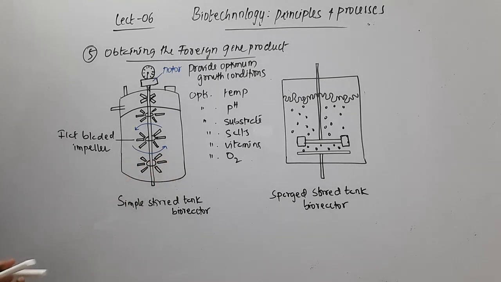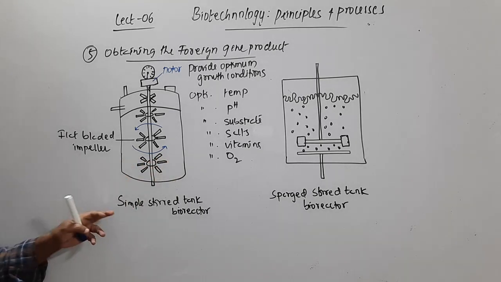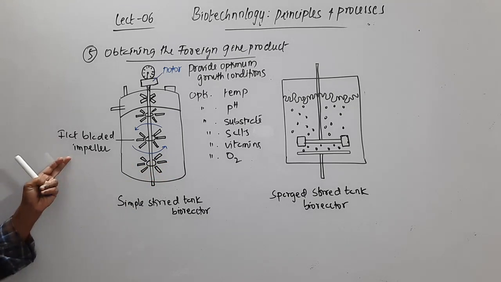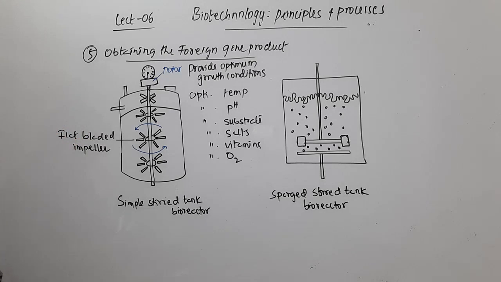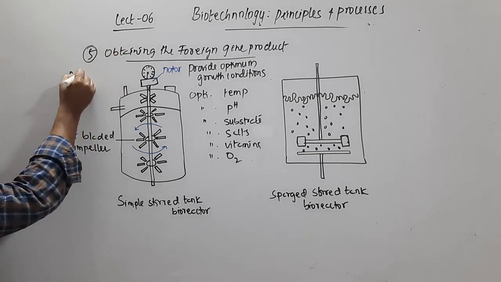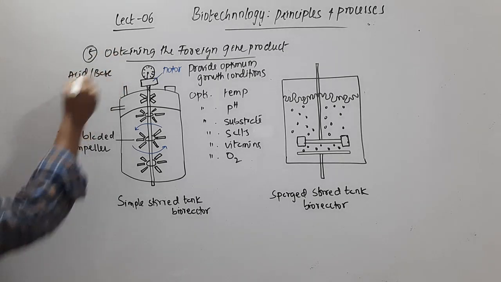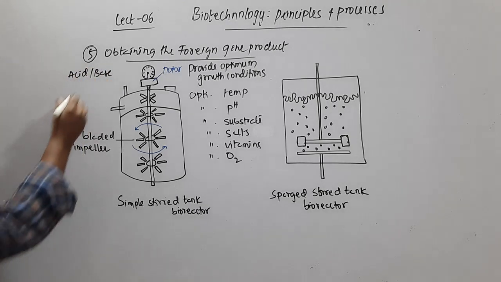This simple stirred tank bioreactor has a flat bladed impeller connected to a motor, and there is an inlet for acid or base for pH control.